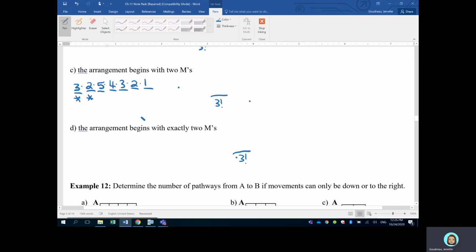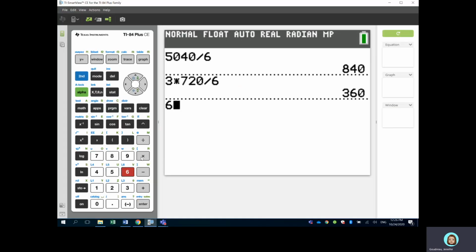And so what we get here is 3 times 2 times 5 factorial, but we can't forget to divide by 3 factorial because rearranging the M's does not give us a new permutation. And again, it's nice to have that 3 factorial sitting there to remind us to do that. So 3 times 2 is 6, times 5 factorial is 120. Again, dividing by 6, which represents that 3 factorial, and that gives us 120.